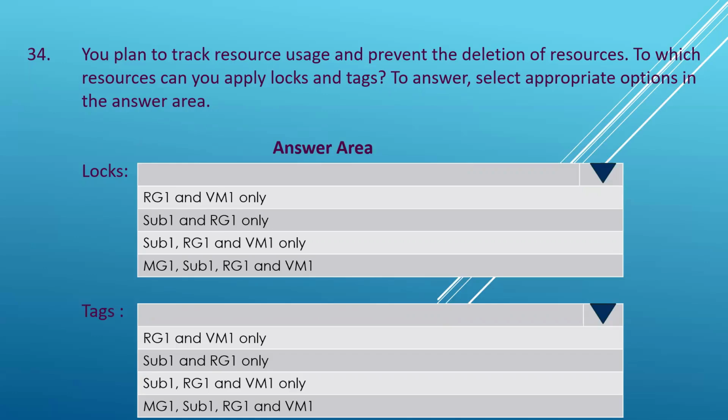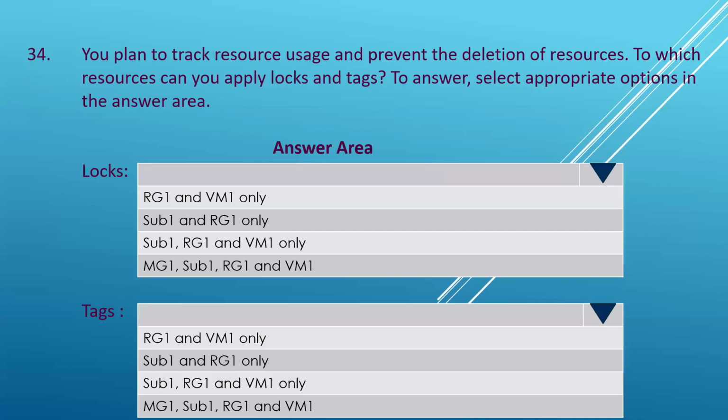So basically, they have not specified here what is RG1 or what is VM1, but these are basically short forms of different things that exist in Azure. So let's say RG1 stands for resource group, VM1 stands for virtual machine 1, sub1 stands for subscription 1, and MG1 stands for management group.